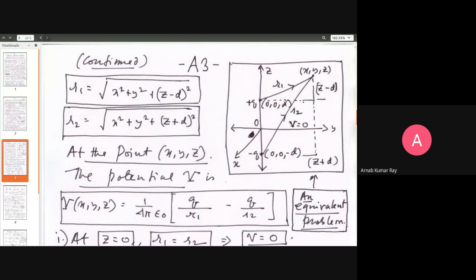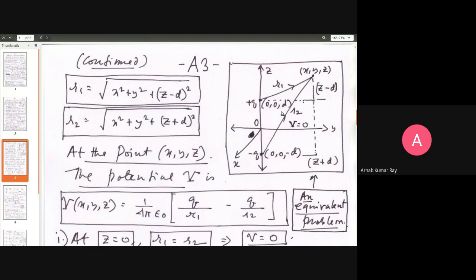Here it was plus d, so it was z minus of plus d, but here it is minus d, so this height will be z minus of minus d, which is z plus d. So with respect to this minus q charge, this point will have the scalar length r2, which is equal to the square root of x squared plus y squared plus z plus d whole squared.